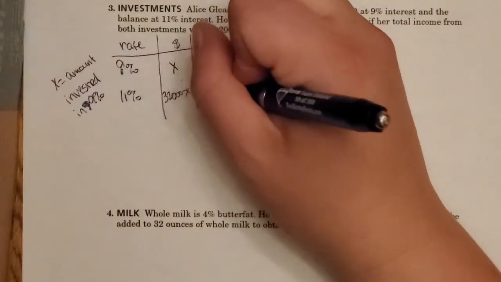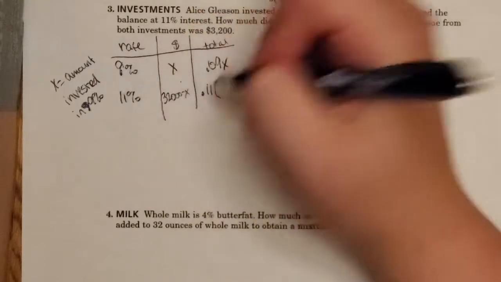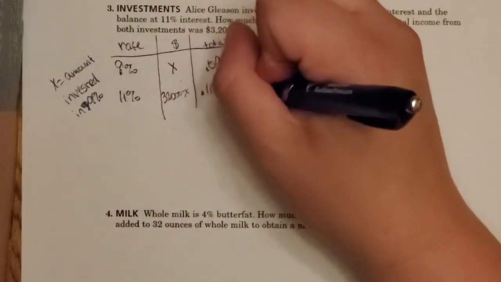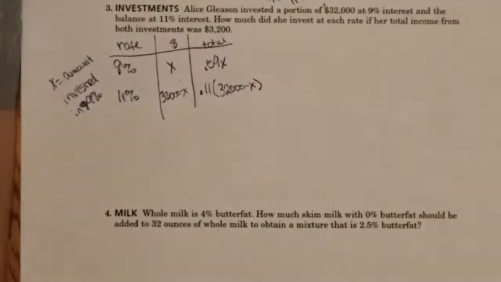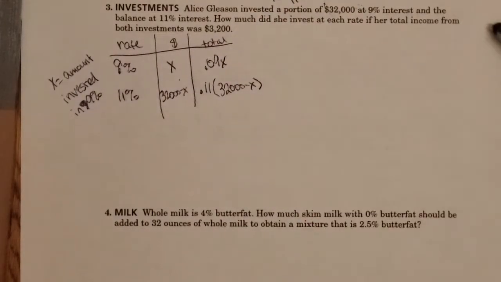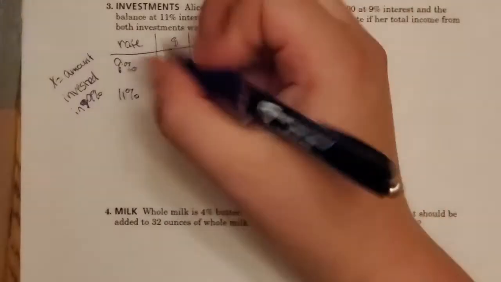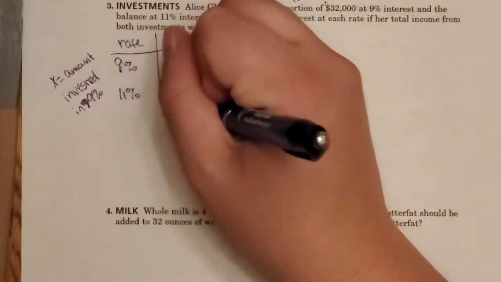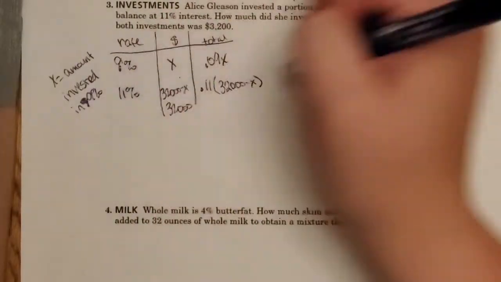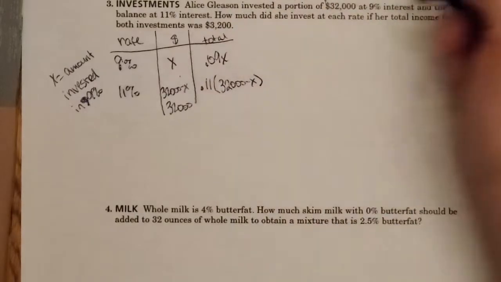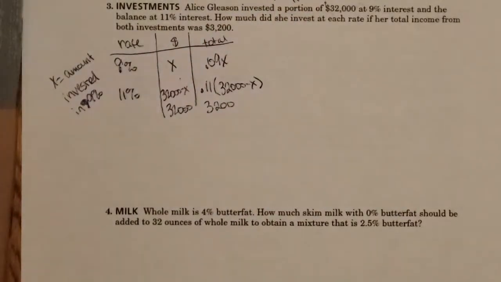So the 11% total is going to be the 0.11, because that's 11% as a decimal, times the 32,000 minus X. Overall, I'm not concerned with my rate or how much is there. Granted, we know that this is 32,000, right? I do know that I have to equal 3,200.